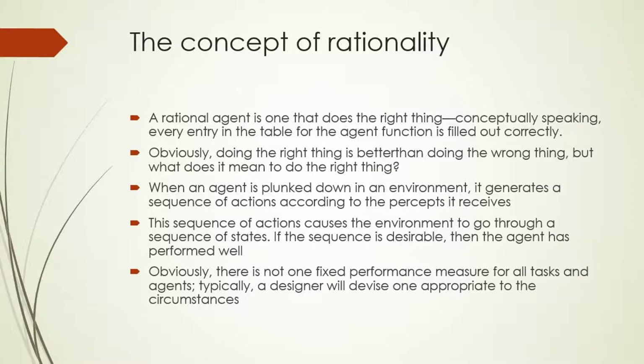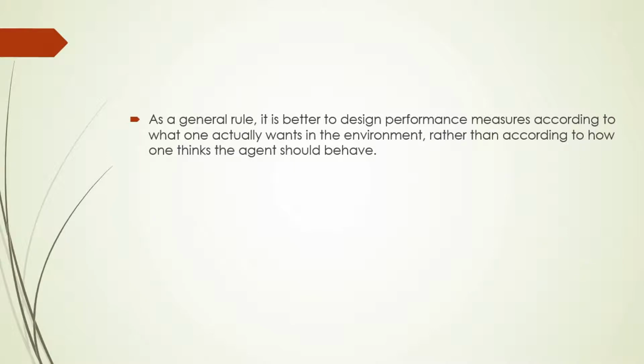Obviously, there is not one fixed performance measure for all tasks and agents. Typically, the designer will devise one appropriate to the circumstances, because we've got different agents that we need to come up with in different environments. A certain environment will require a certain kind of performance measure.